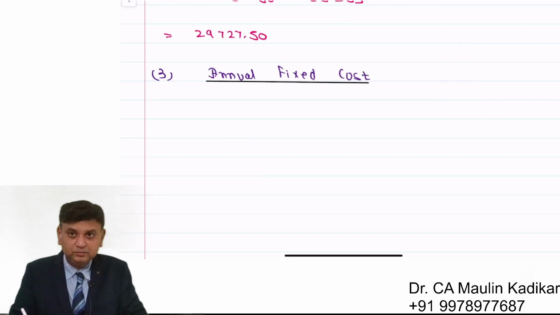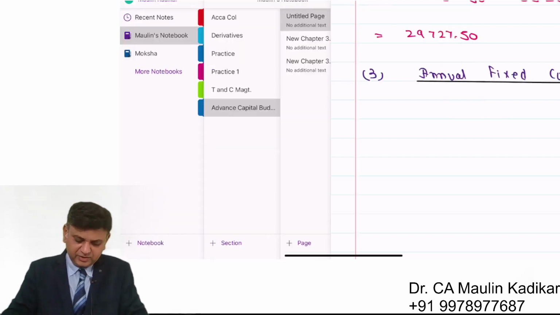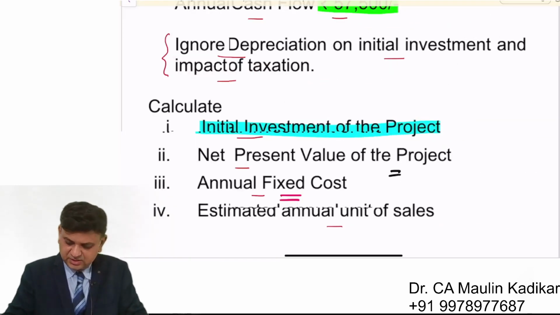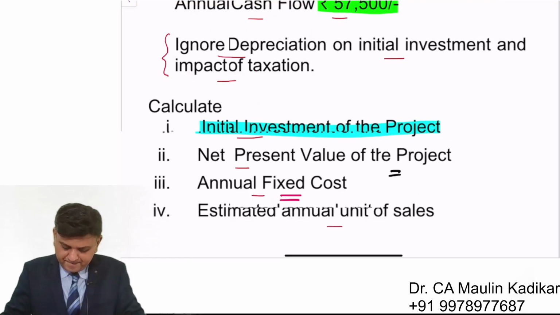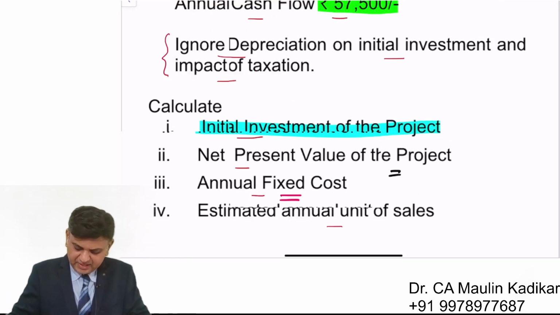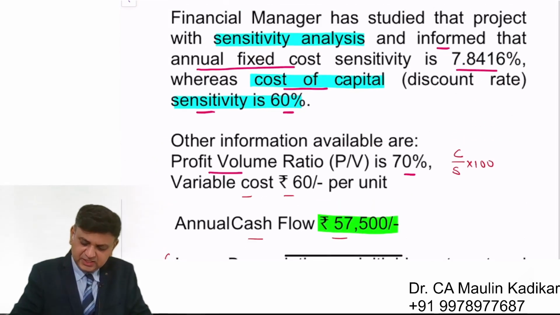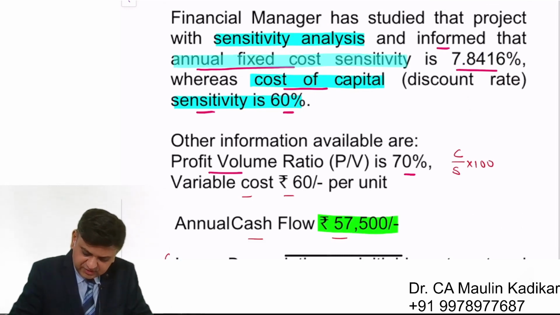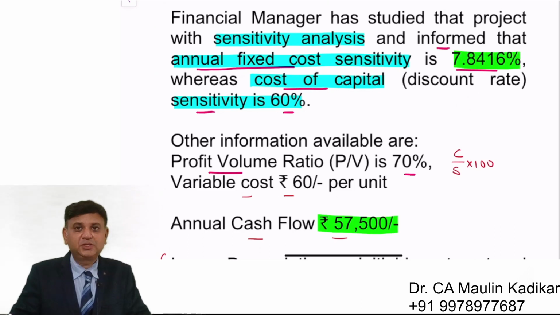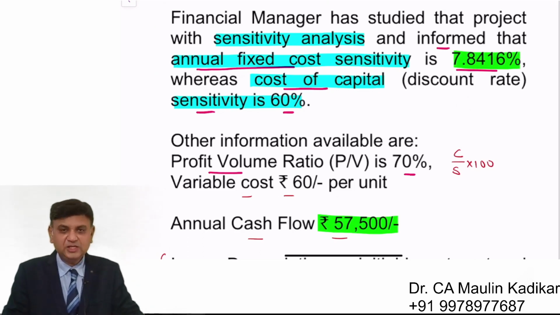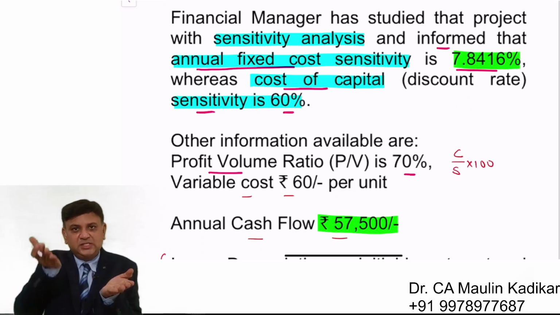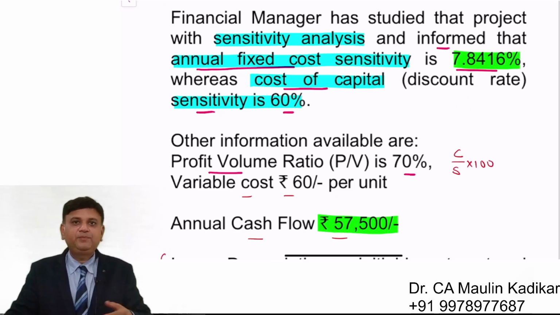Now basically what happens friends over here, something like this. Listen carefully. Regarding fixed cost, you can see that again there is an information provided to us. Annual fixed cost sensitivity is 7.8416%. What does it mean? If at all the fixed cost increases at this rate, NPV will become 0.